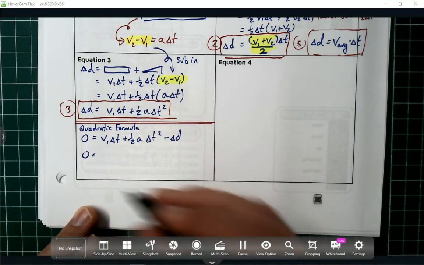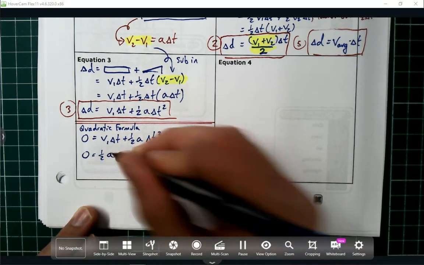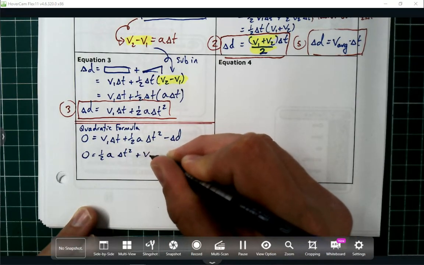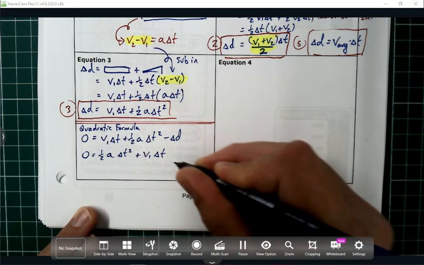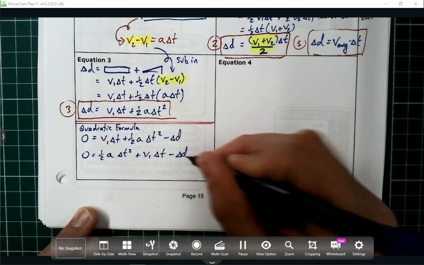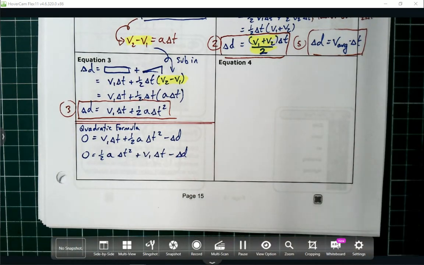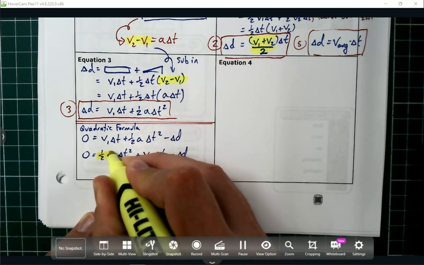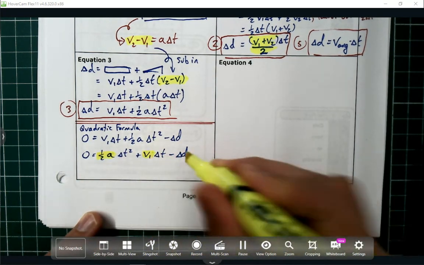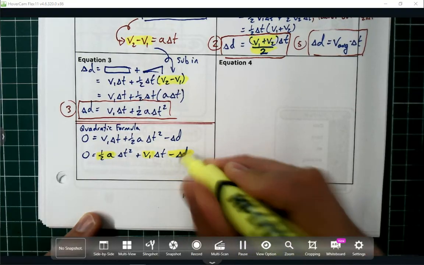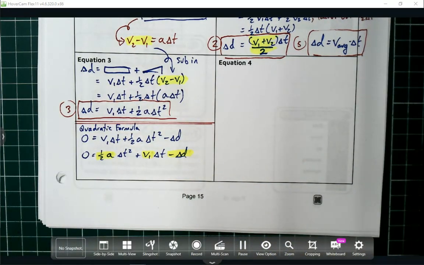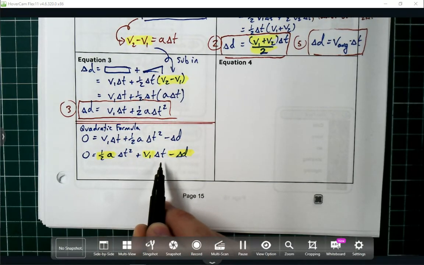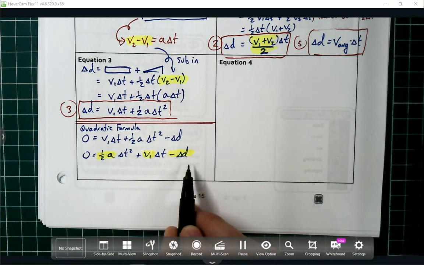I would say 1/2 A times delta T squared plus V1 delta T minus delta D. Some people are going to see this, and some people aren't. I'm going to use my highlighter: 1/2 A, V1, and the whole thing, negative delta D. If I go along here, notice it's a delta T squared, a delta T, and no T on this one, right?